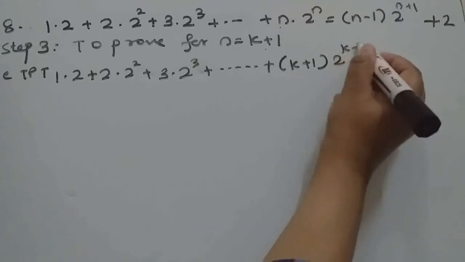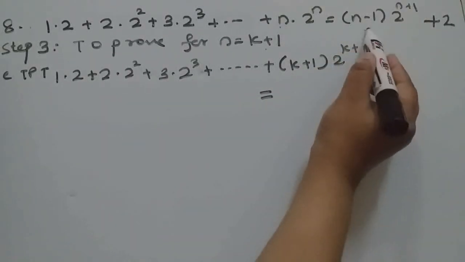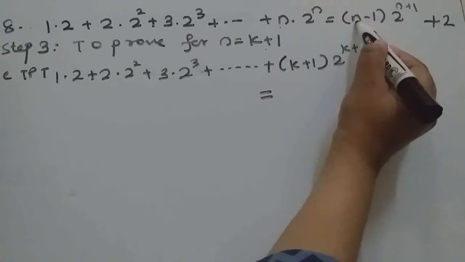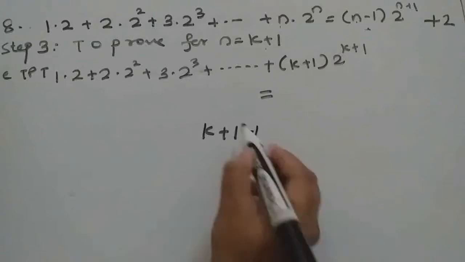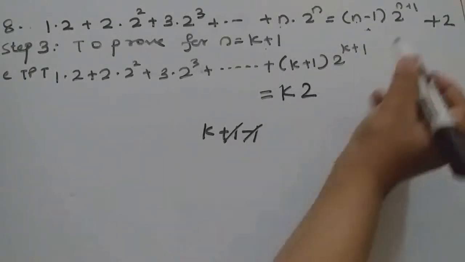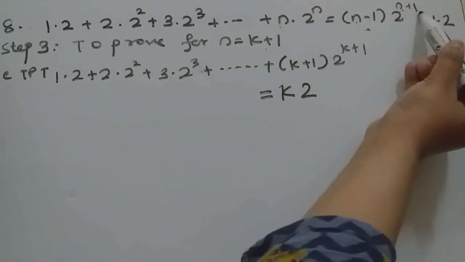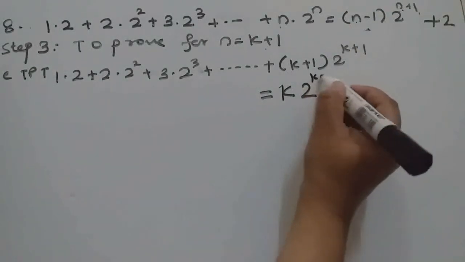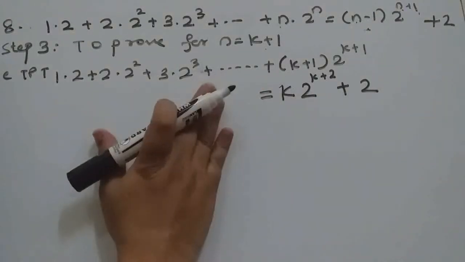What will happen to LHS and RHS? On the RHS, n value is k plus 1, already minus 1 is there, so this will go, so only k will be left. And in the power of 2, n is k plus 1, plus 1 is already there, so the power will be k plus 2, isn't it? And then plus 2. So this we have to prove.